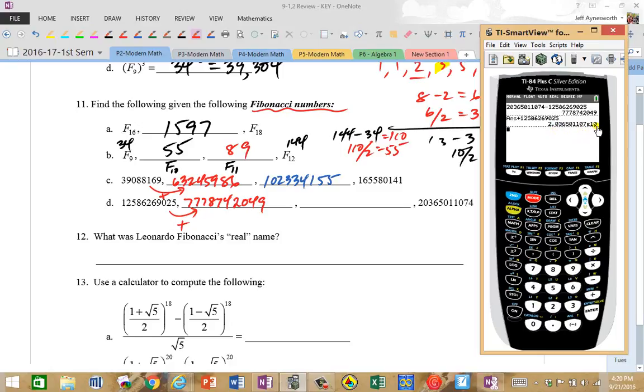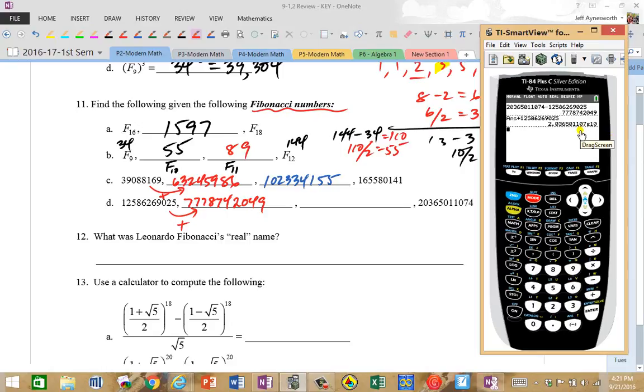I got to shift this over 10 places. 1, 2, 3, 4, 5, 6, 7, 8, 9. I don't know the last digit. Some calculators show more than 10 digits, and this one doesn't.